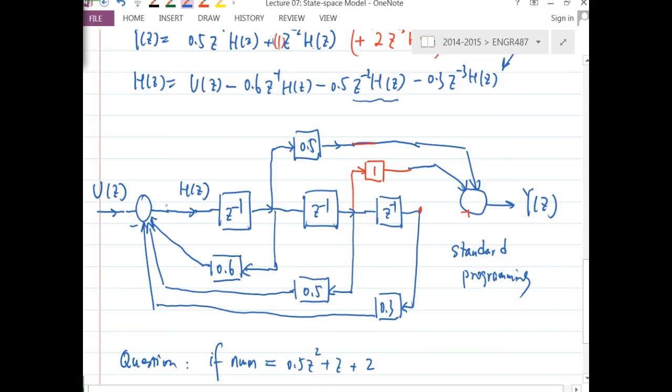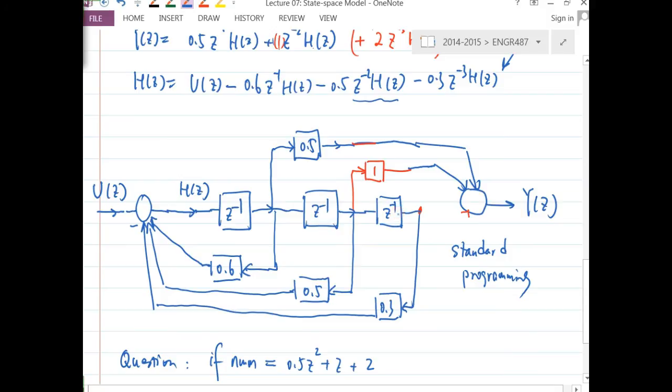You have several options starting from here, but one fundamental option that you should remember is to always define a state variable as the signal after the z block, the delay block here.